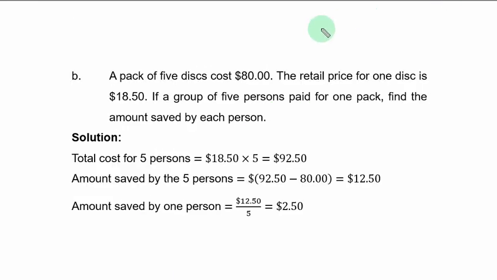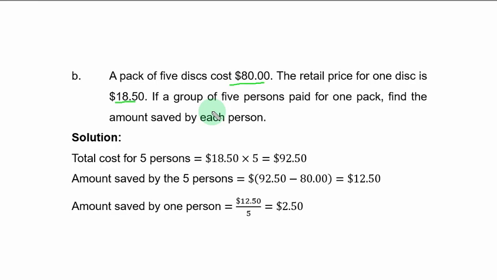Question 1B. A pack of 5 discs costs $80. The retail price for one disc is $18.50. If a group of 5 persons paid for one pack, find the amount saved by each person. Now this is the idea.